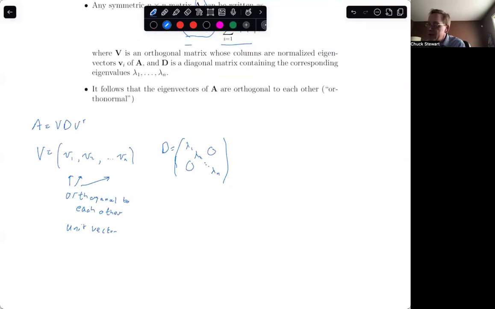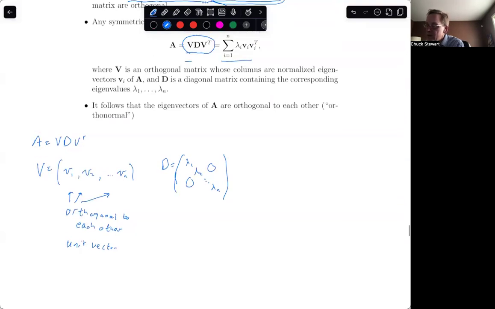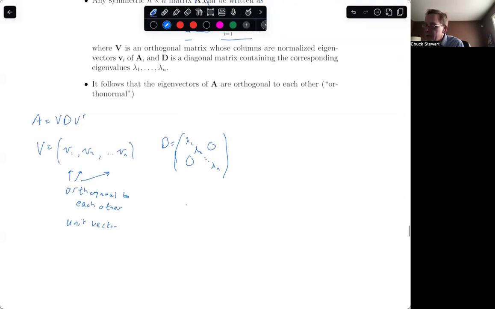You make a big zero here and a big zero there. We also have this formula that A equals the sum of lambda i Vi, except I should make that a unit vector, Vi transpose.